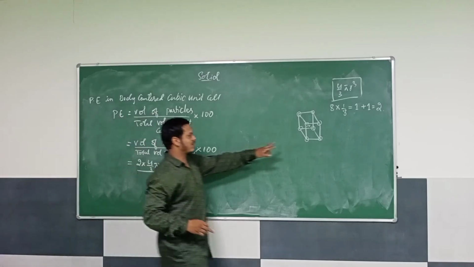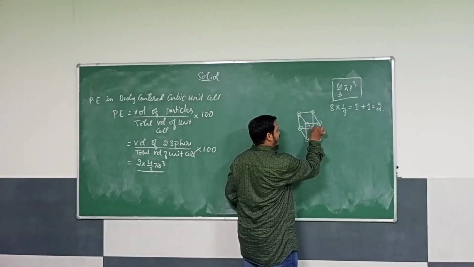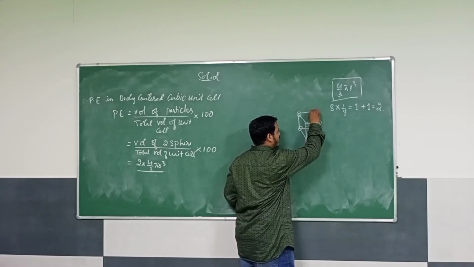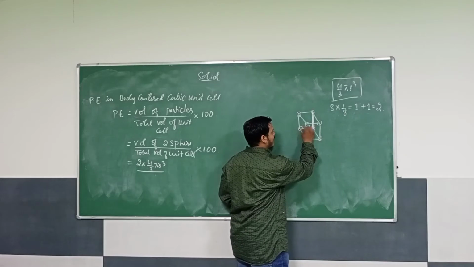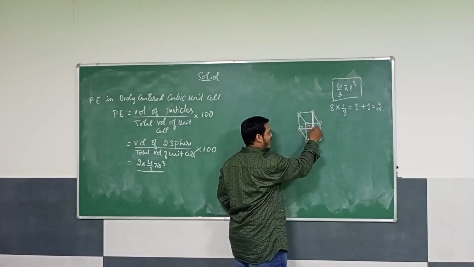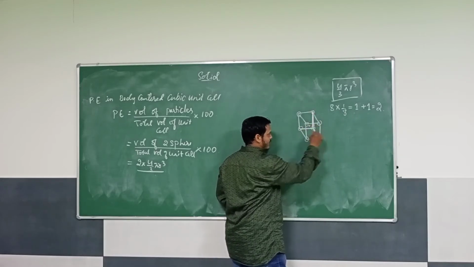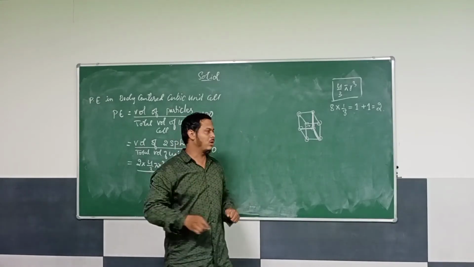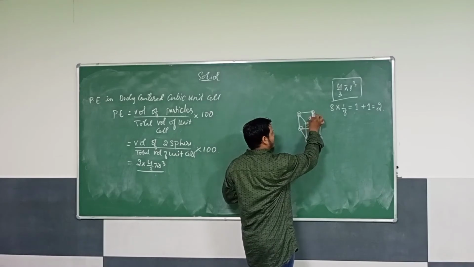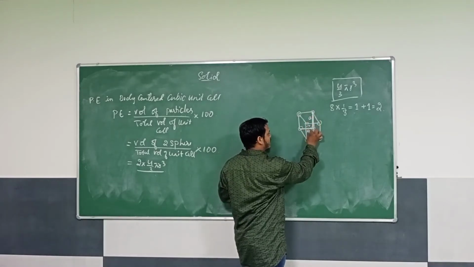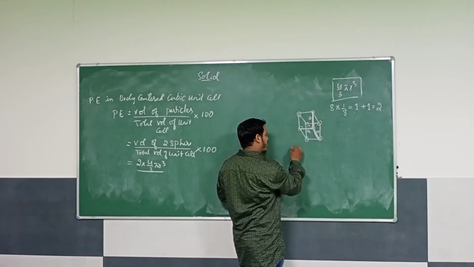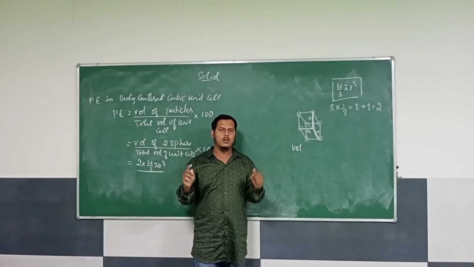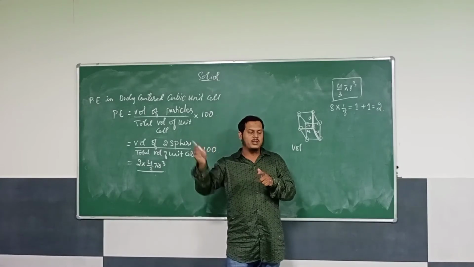What is the volume of the unit cell? Consider this point, this is my x edge length, this is another edge length, the y axis, and this becomes my z axis. Because it is a cube, all the edges are equal. Therefore, if I consider this as a, even this becomes a and this becomes a. The volume of any box or cube is length into breadth into height.